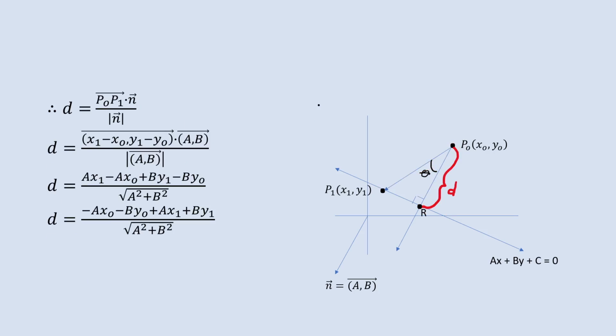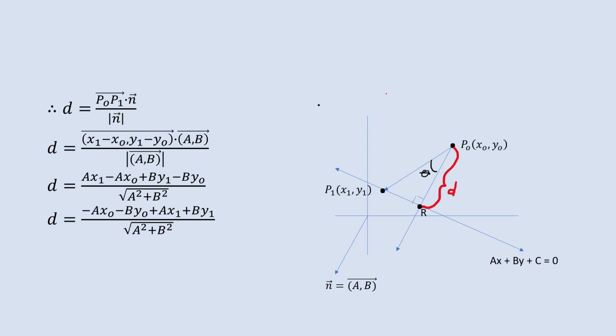Now we're going to use the component method of the dot product. The dot product of P naught P1 dotted with n will be (x1 minus x naught, y1 minus y naught) dotted with (a, b).